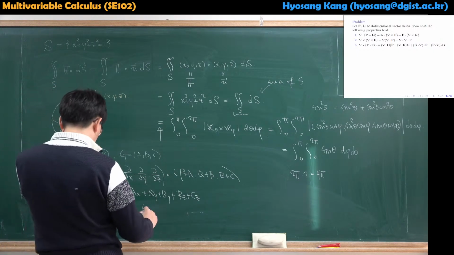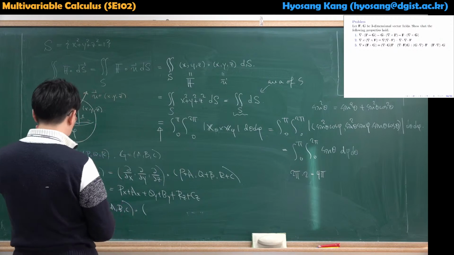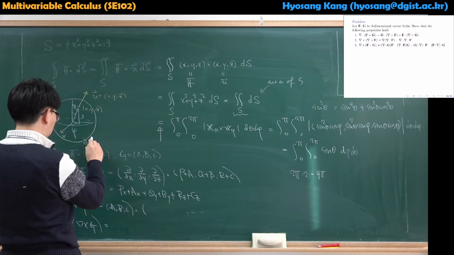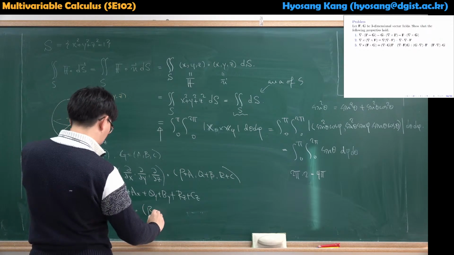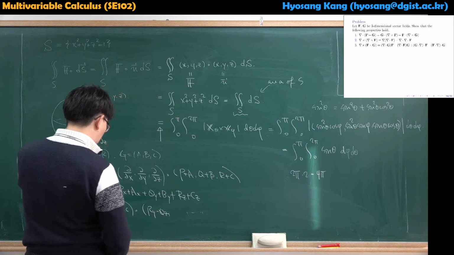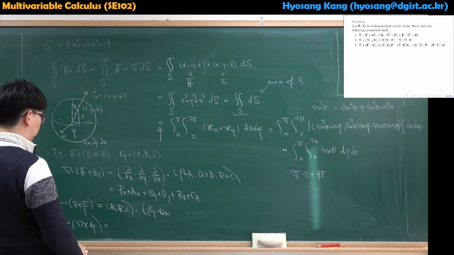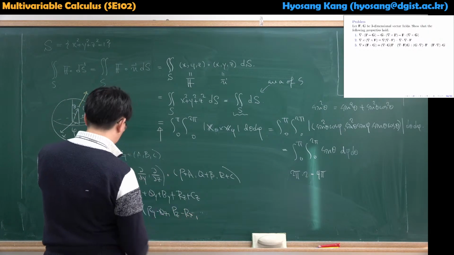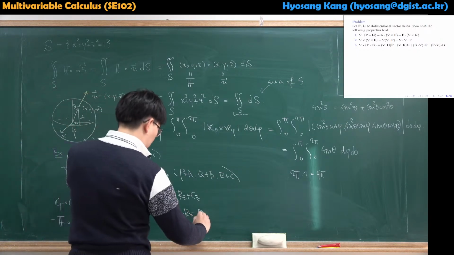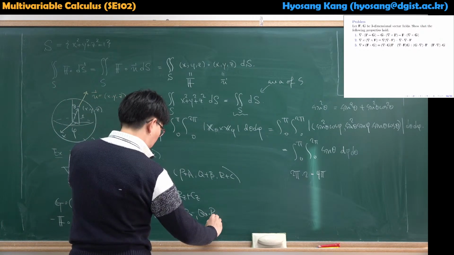F. What is F? So I have to think about this F. There X, there Y, there Z. So it's Rx minus QZ, and PZ minus Rx, and then QX minus PY.